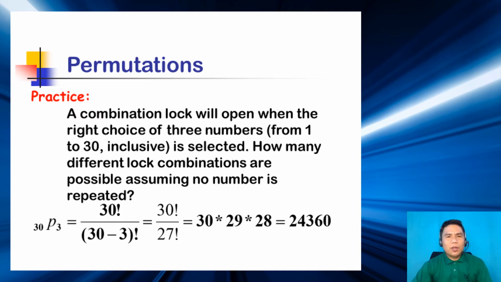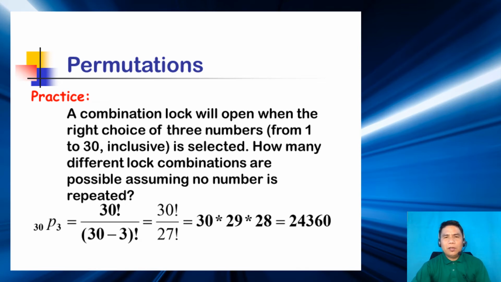So for that, you have permutation of 30 taken 3 at a time. So you have 30 factorial over 30 minus 3 factorial. That is 30 factorial over 27 factorial. Why 27? Because that's 30 minus 3. Then you have 30 times 29 times 28, because 27 down to 1 is already cancelled out.